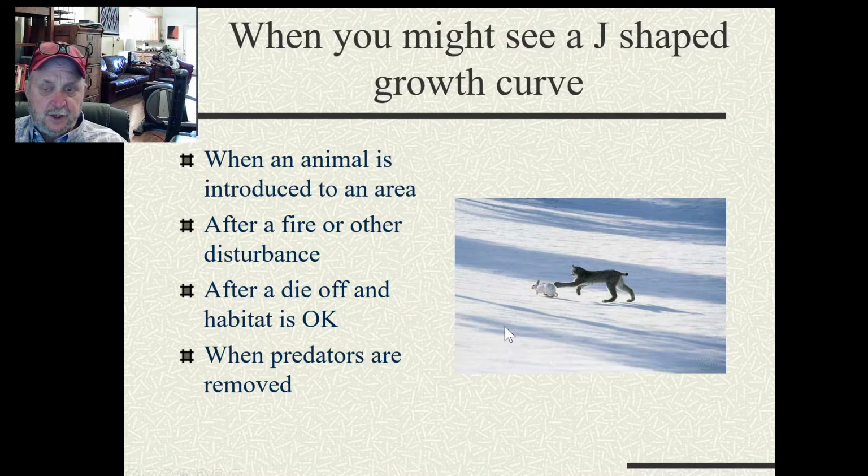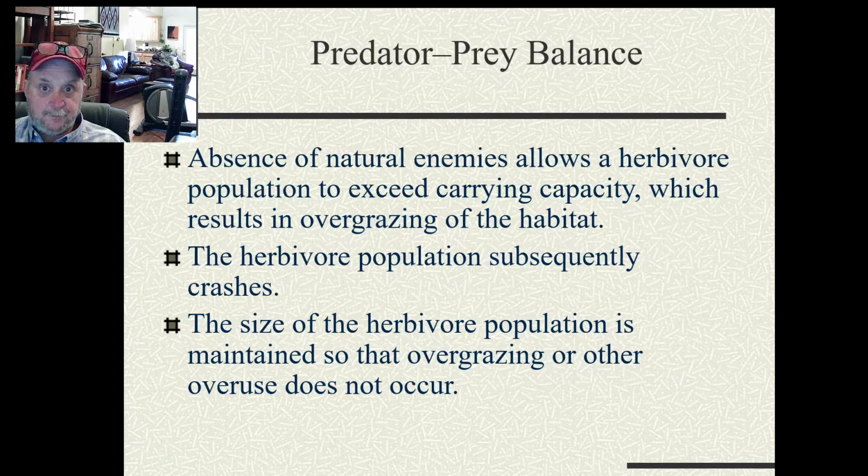When might you see a J-shaped curve in a population of animals? When an animal is introduced to an area with no predators. After a fire or other disturbance, when there's an absence of competitors. After a die-off, when there's good habitat, all the young have food and they keep reproducing. And when predators are removed, you can get a J-shaped curve.